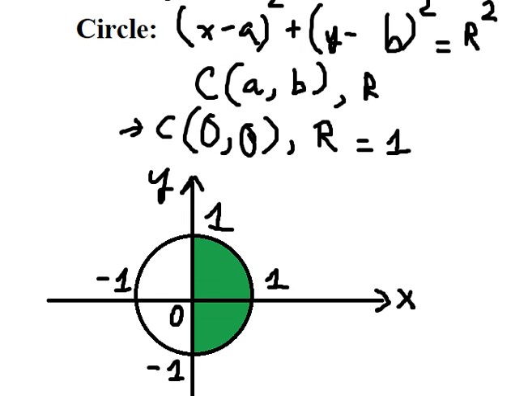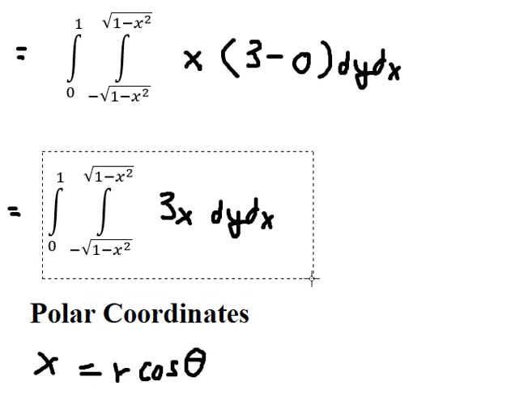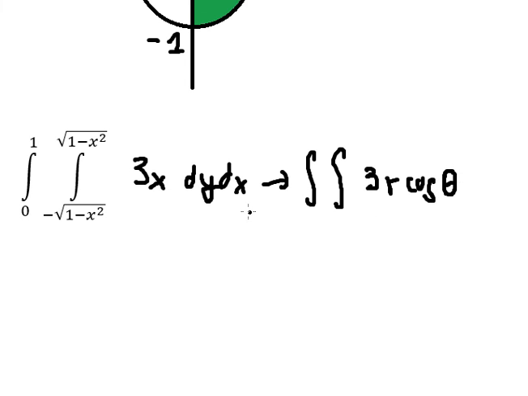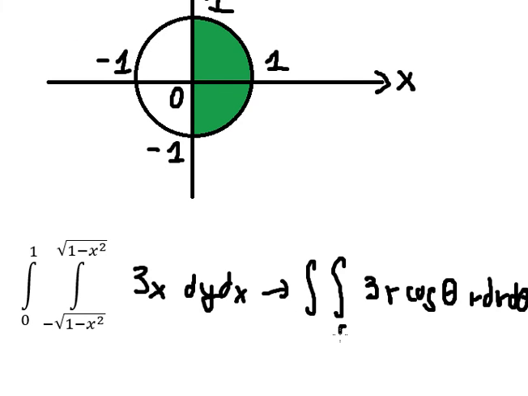And now we can change this double integral in here. So this one, x, we change by r cosine theta. dy dx, we change by r dr d theta. About dr, that is the radius of the circle. So we have number 0 to number 1.